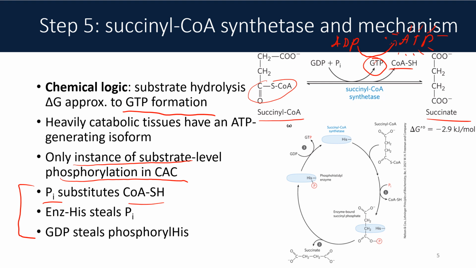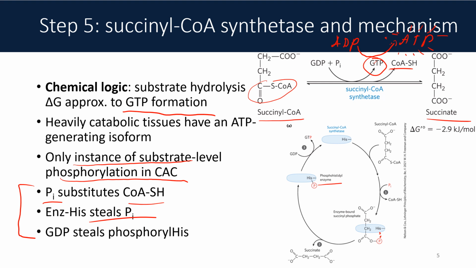The next step, there's going to be an active site histidine really close, catalysis by approximation, to that phosphate. The enzyme's histidine is going to then steal that phosphate right off of succinate, releasing it, but giving us this phosphohistidyl enzyme intermediate. Well, now we need to get rid of that phosphate so we can start this cycle over again.